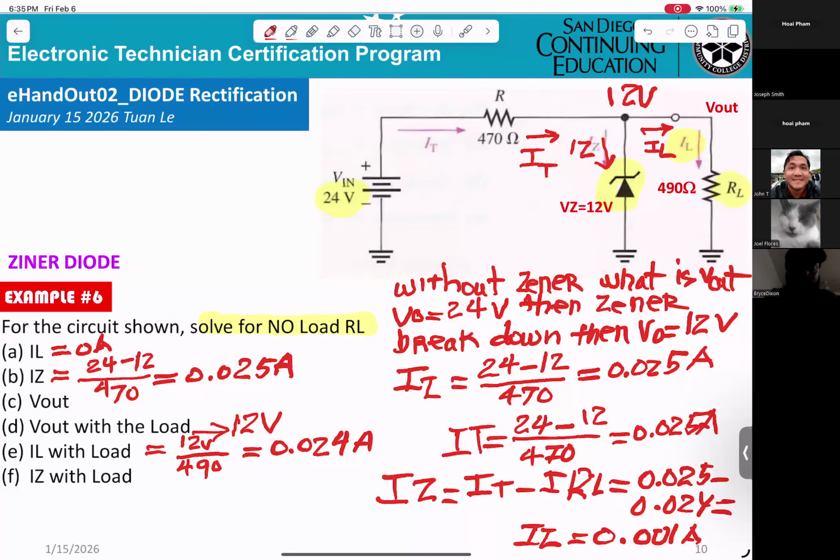So next week we'll be continuing with the diode. Try to go through it, to make sure you can understand.